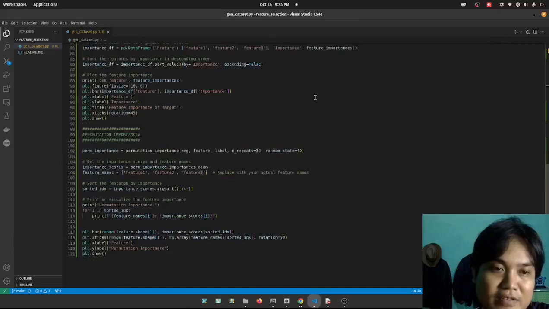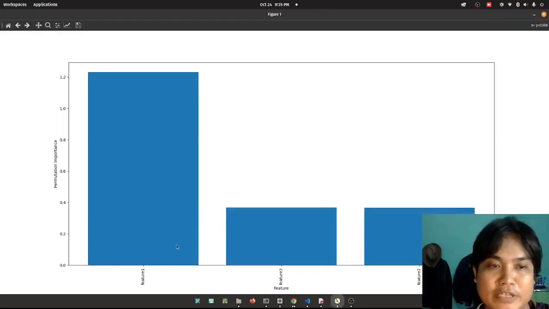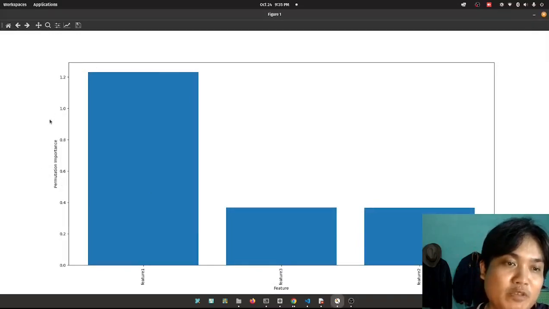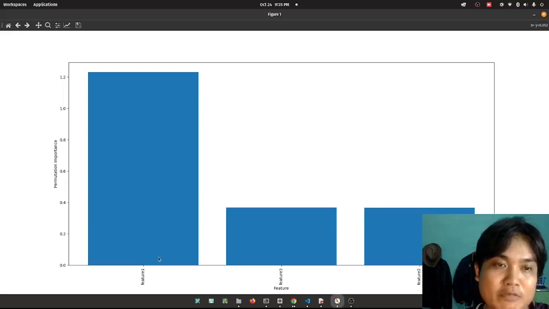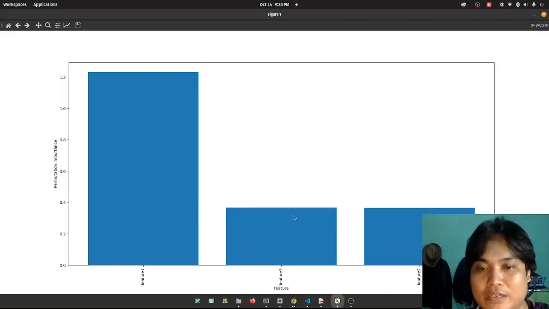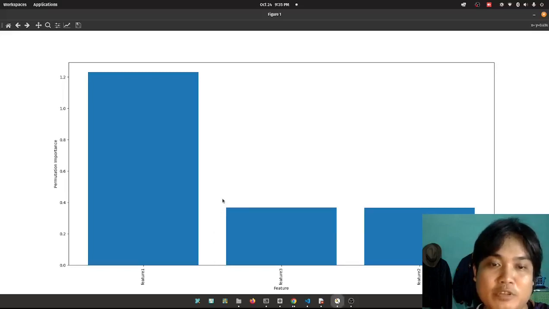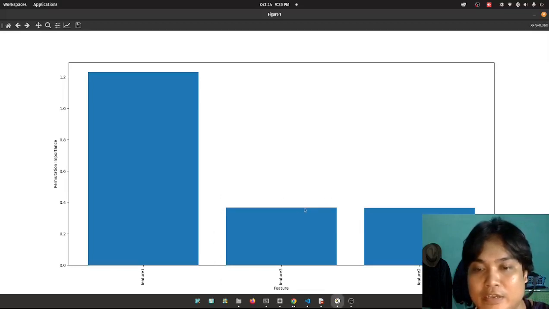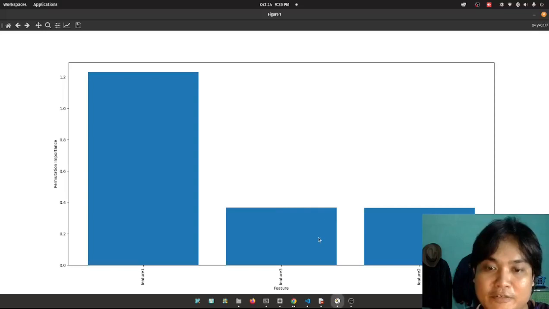Next, for permutation importance, as you can see it's the same as the feature importance. Permutation importance detects that feature 1 is the most important feature among feature 1, feature 2, and feature 3. And same as the feature importance, it can detect that the influence of feature 3 and feature 2 is nearly the same.